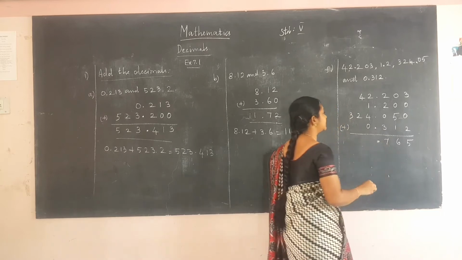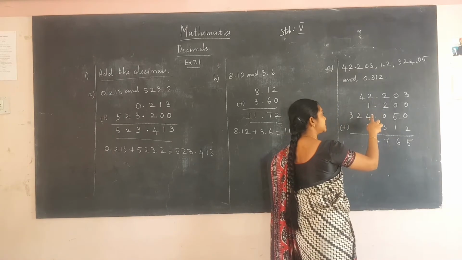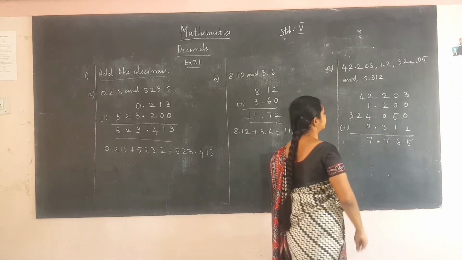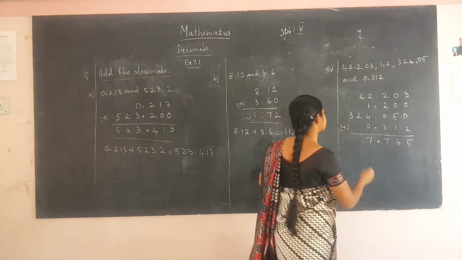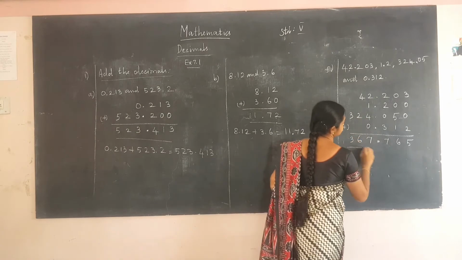Here we have to keep a decimal point. 2 plus 1 is 3, 3 plus 4 is 7, 7 plus 0 is 7. 4 plus 2 is 6. And here we don't have any number, so write 3 as it is.